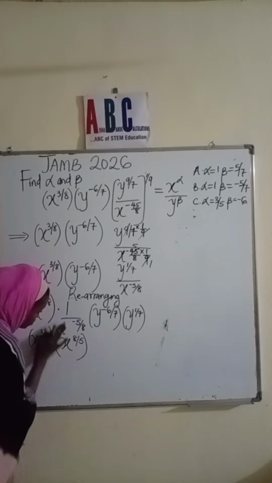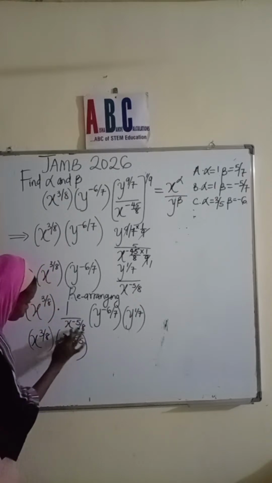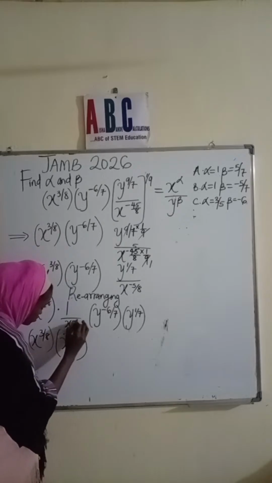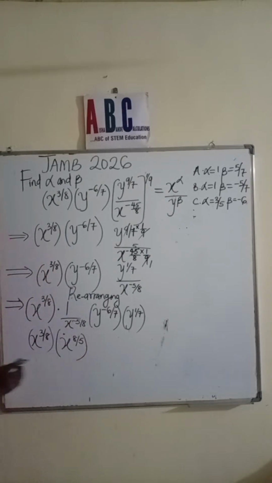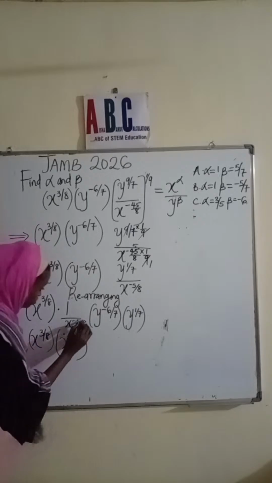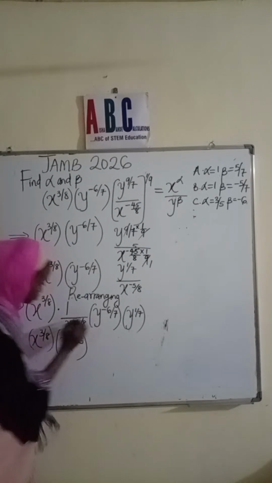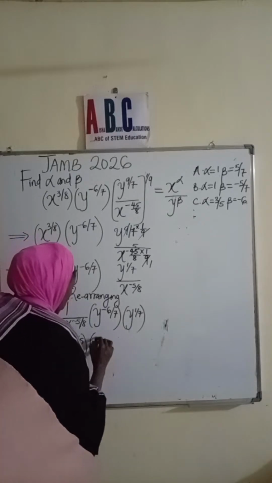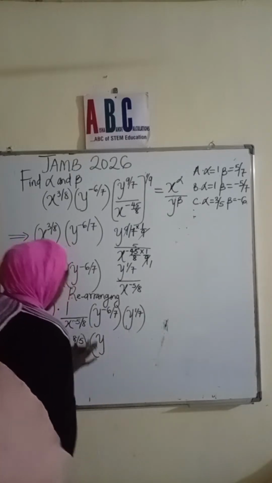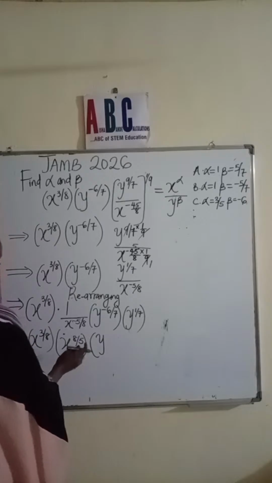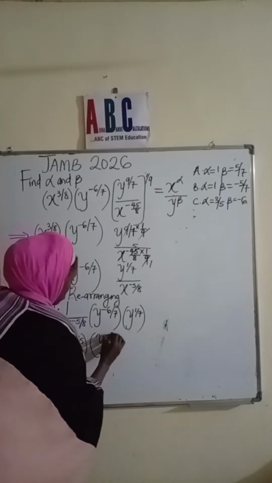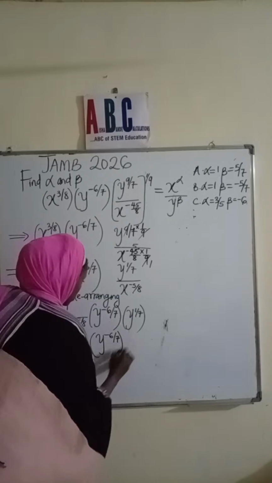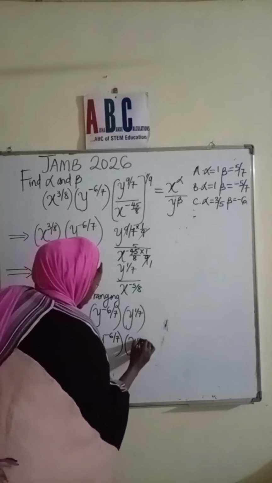Yes, go on, Mr. Larry. The y to the power of minus 6 over 7. Then y raised to power 1 over 7, right?